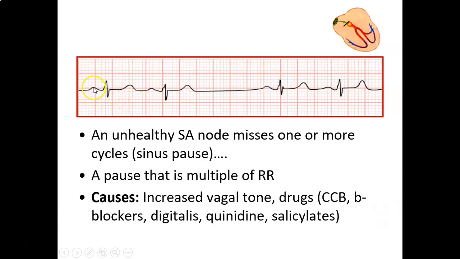You can see P wave with one QRS complex here, P wave with one QRS complex, but here no P, no QRS complex, no T. And then again it starts, P QRS complex and T, P QRS complex and T. So it seems that one complete P QRS complex and T is missing. So this is called sinus block or sinoatrial block.